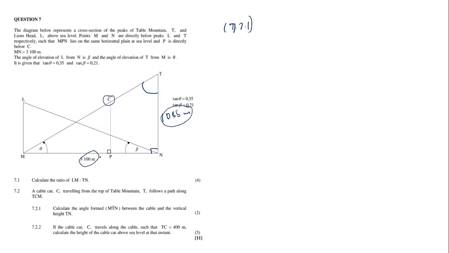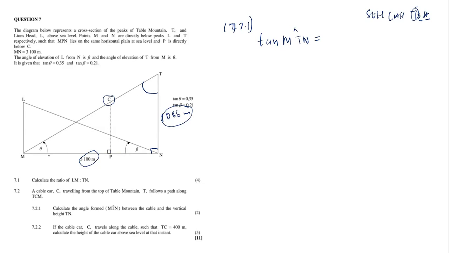That means we're going to use opposite and adjacent. You go back to your SOH CAH TOA. What are we looking for? We are looking for opposite and adjacent, meaning the trig ratio that you're going to use is tangent. So you're going to say tan of this angle, which is angle MTN, is equal to how much?